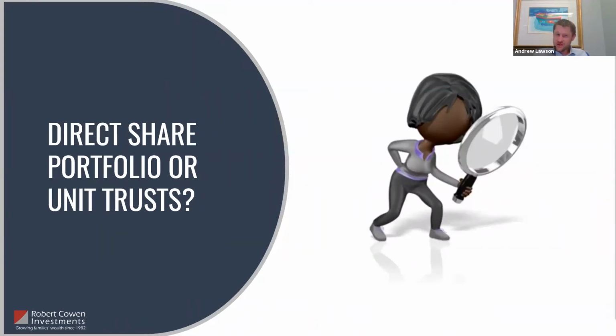Unit trusts do come with some additional costs. There are administration costs involved that can't be avoided. So it becomes a bit of a toss-up as to what you feel comfortable with as an investor. But from our perspective, a unit trust is a great diversification tool on its own, even if it is an investment in a single unit trust.